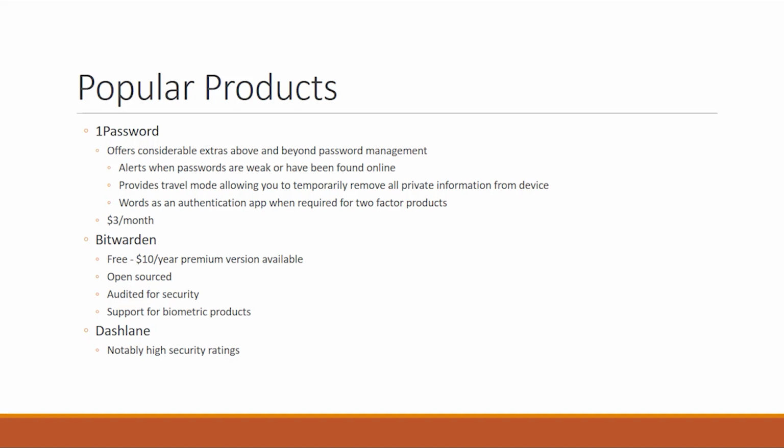It also provides a travel mode, allowing you to temporarily remove all private information from the device. You might be wondering why you would want to do this. In a number of countries, if you travel internationally, there are increasing concerns that people will stop you and inspect your devices at the border. And very often people have had information stolen with that or are concerned about the risks to their information when security are allowed to inspect their devices.